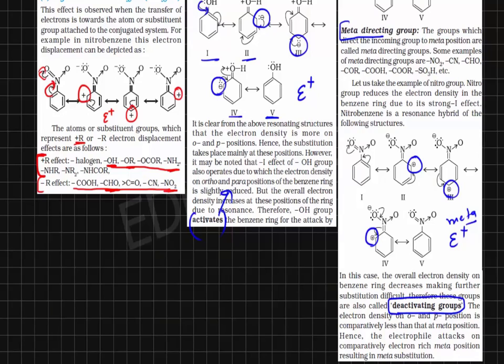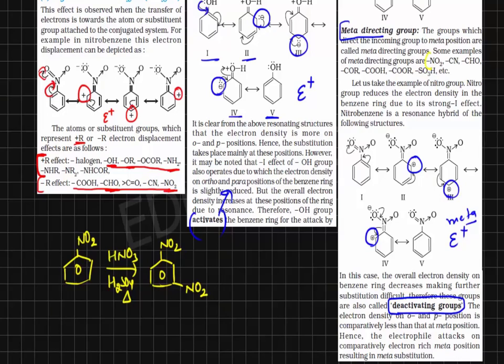So, if you have nitro and you subject it to nitration, add nitric acid, add sulfuric acid, heat this strongly, the new nitro will come to the meta position. You must understand this, nitro is meta directing.